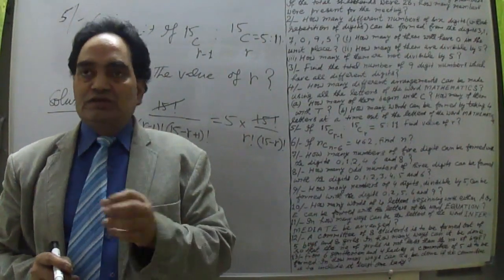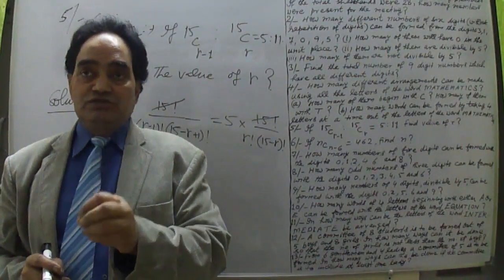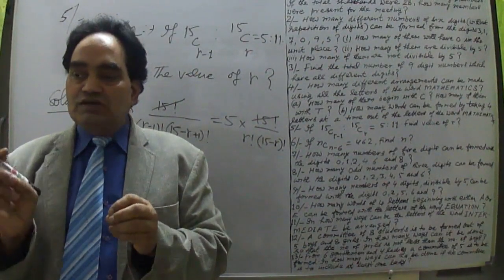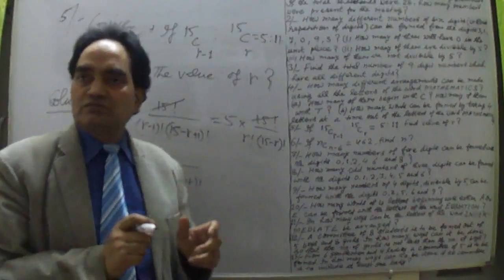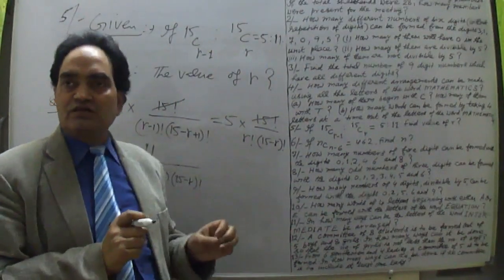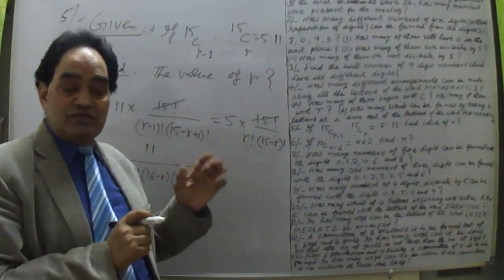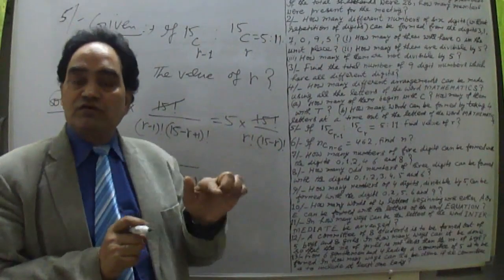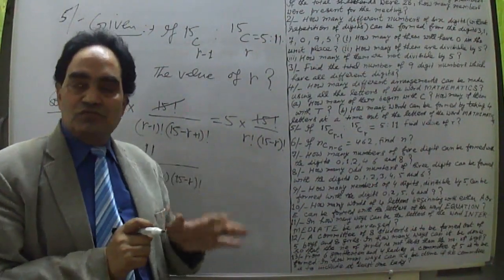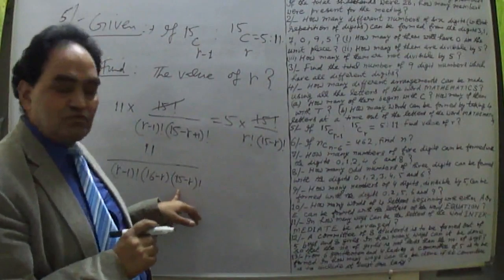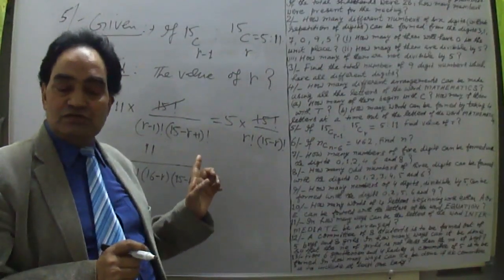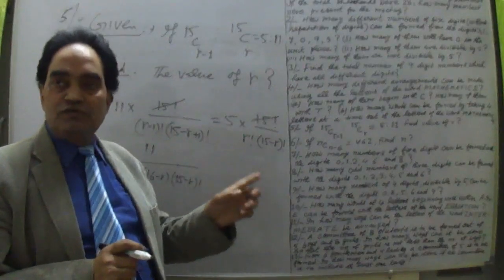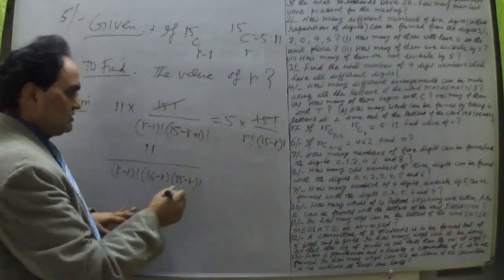Simple. Why is 16 minus R factorial equal to this? Because we have to lessen by 1. We have to subtract 1 from this to write the second factorial, because factorial n means n into factorial n minus 1. Okay, that is there. This we understand.